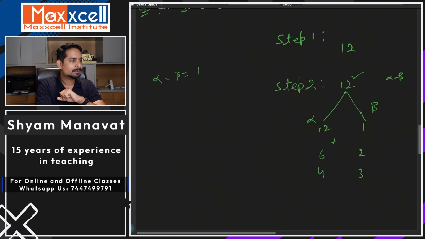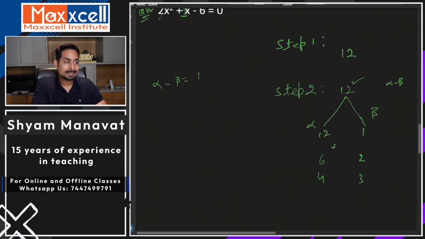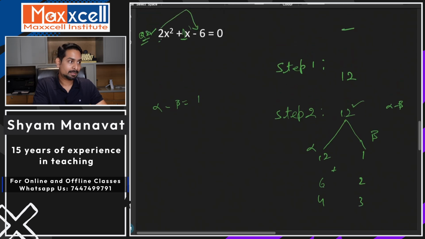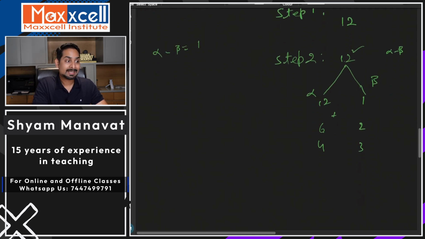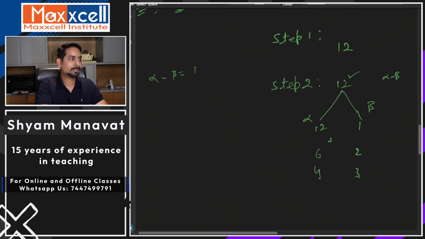Now, 12 minus 1 is not giving you 1, that's giving you 11, no use. 6 minus 2 is not giving you 1, no use. 4 minus 3 is giving you 1. Yes, so we got the numbers which we can use in the next step.